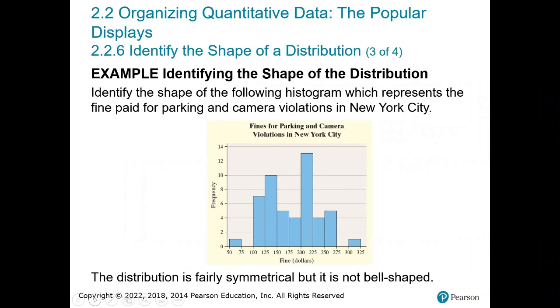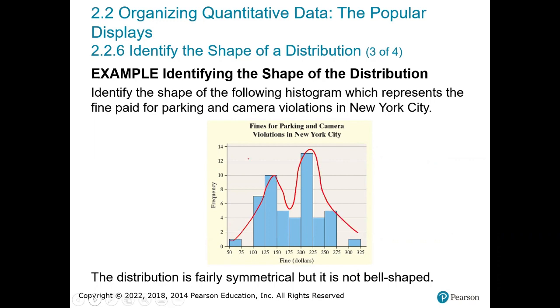Okay, so identify the shape of the following histogram, which represents the fines paid for parking and camera violations in New York City. This one really is tricky. The one that I'm going to give you, you're going to be able to tell what the shape is. This one kind of goes up and down and up and down.